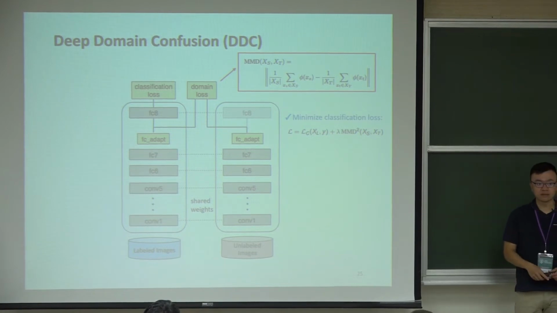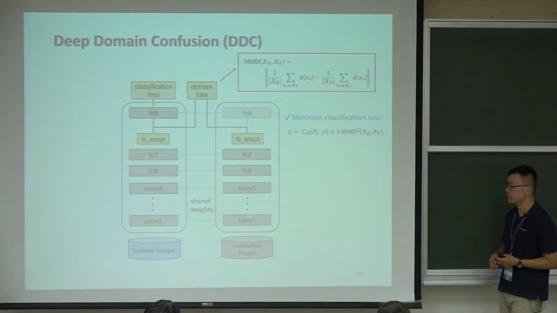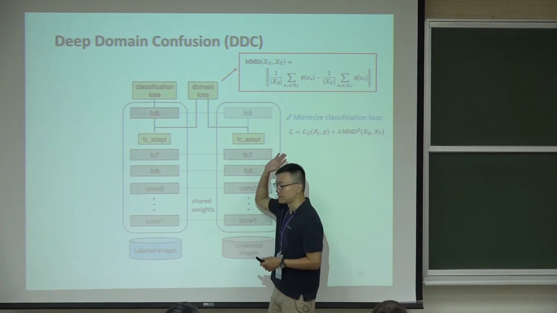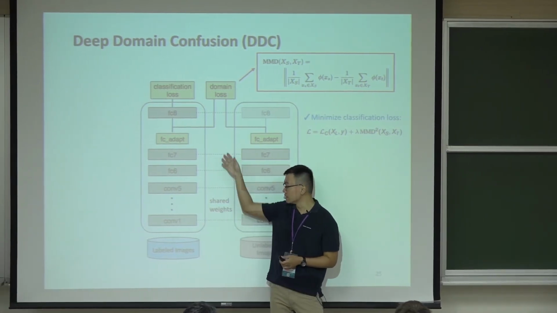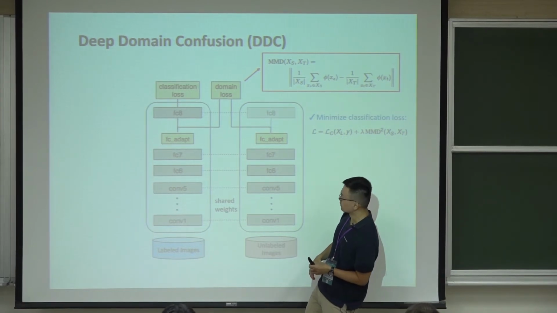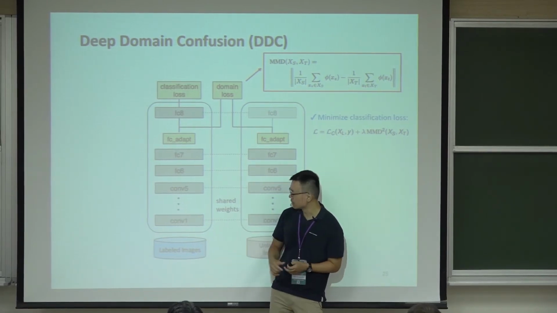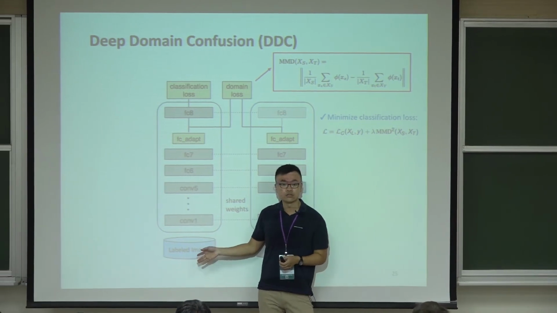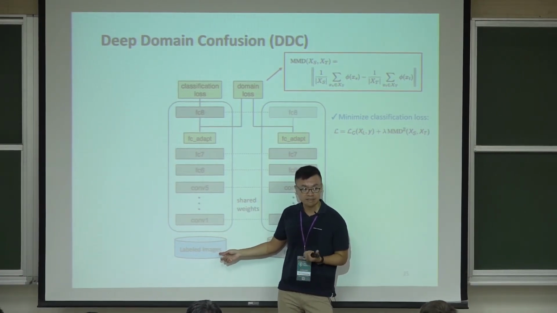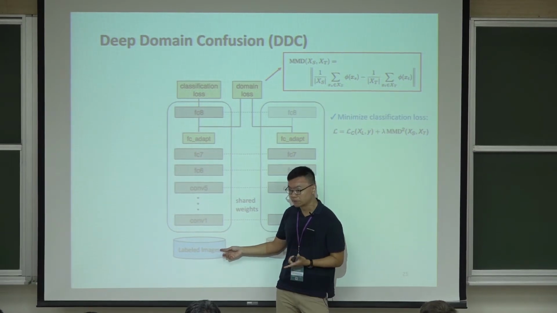So how did they design their model? First, let's ignore the right-hand side of this figure. The left-hand side is a standard CNN model. I forget if it's VGG or some other model. They just train this model from scratch because they have labeled data.